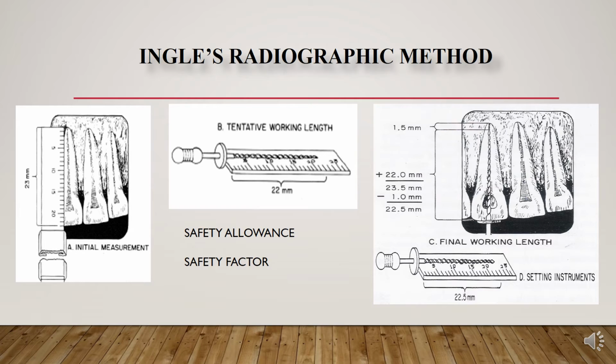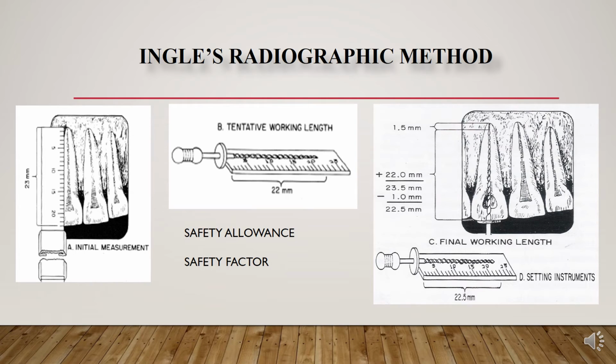Why do we reduce 1 millimeter? As I said in your previous slides, the apical constriction is usually 0.5 to 1 millimeter short from the tip of the tooth. The tip of the tooth, then you got the major diameter, and then you got the minor diameter or the apical constriction.